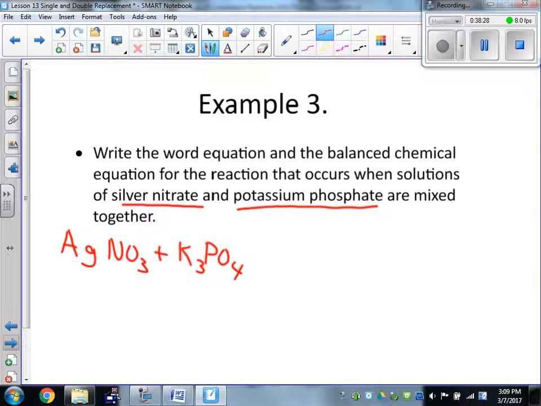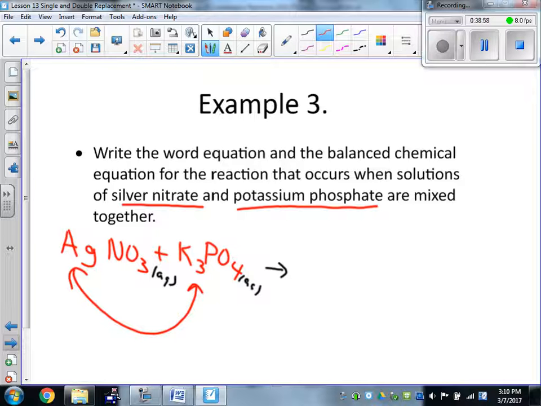Okay? It says that these are both solutions. So let's put AQ here. AQ, and what are we going to get as products? We switch the metal parts. These two will switch places. So we're going to get K and K. I know it's K3 there, but that's specific.